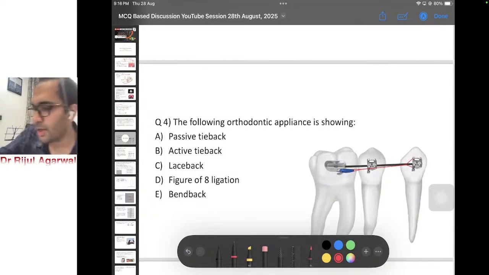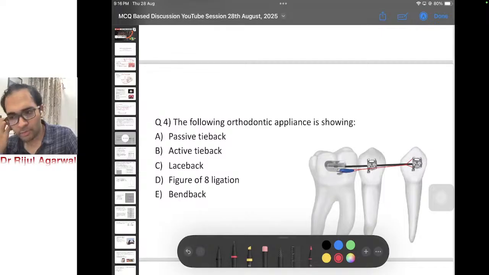It's a very important image. I think it was part of your PYQ as well. Following orthodontic appliance is showing.